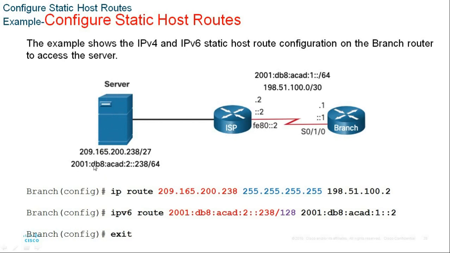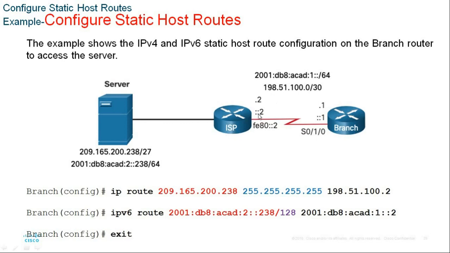Remember, these are not networks; these two are the IP addresses for the server, the IPv4 address and the IPv6 address, with the subnet mask value and the prefix length. Now I am at Branch 1, which is connecting with the WAN link, Serial 0/1/0.